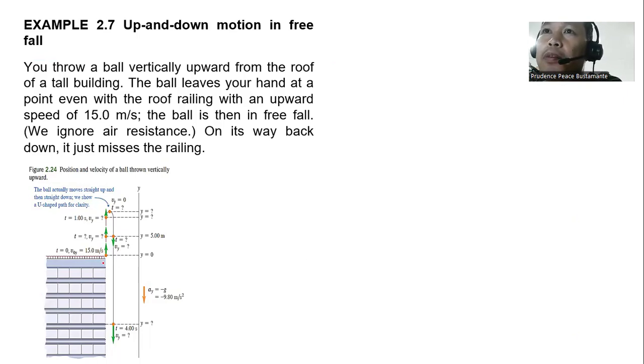So you threw a ball upward with an initial velocity of 15 meters per second. It reaches the maximum height, then it goes down, but as it goes down, it misses the railing. The railing and your hand when you throw the ball are at the same level, so this railing will be our y equal to 0, our origin.